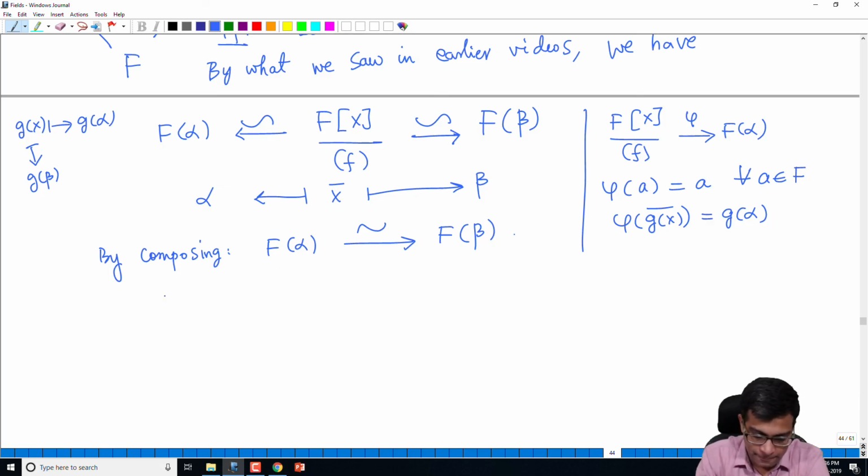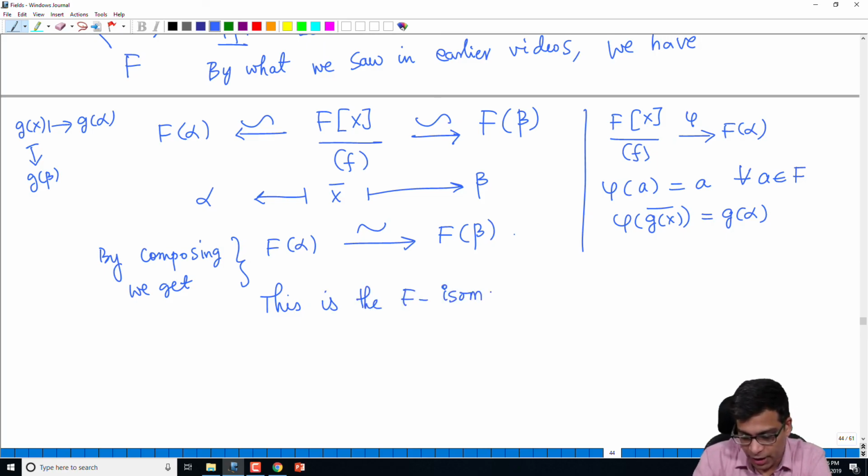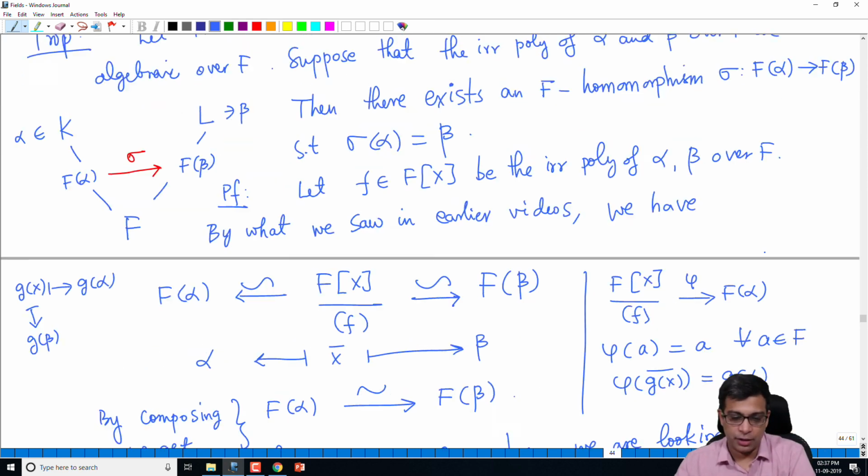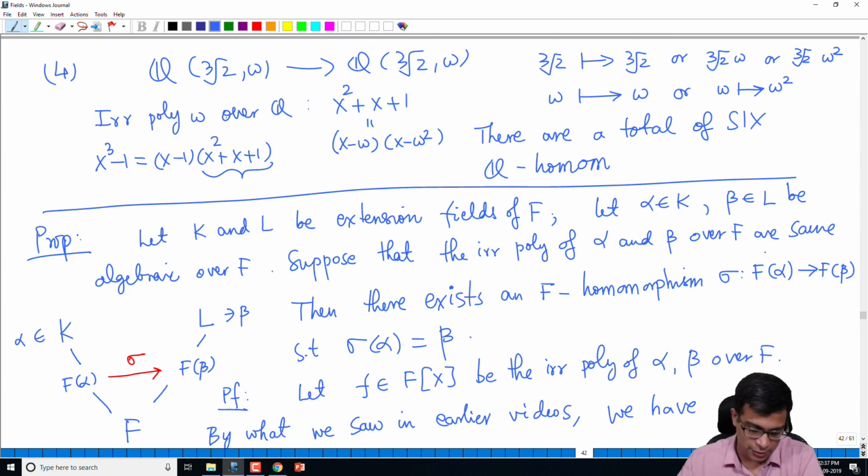And by composing we get the F homomorphism, in fact I will write F isomorphism, we are looking for. So let me actually amend this sentence here.